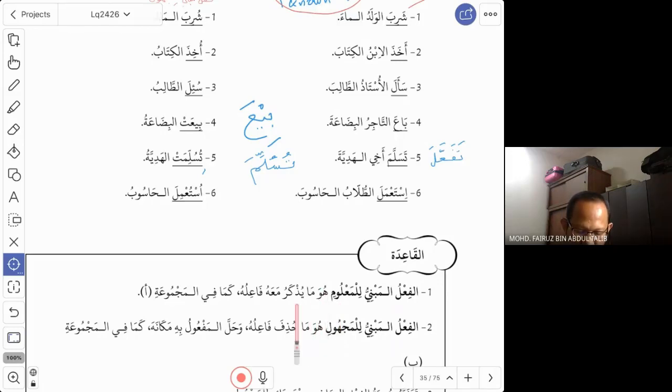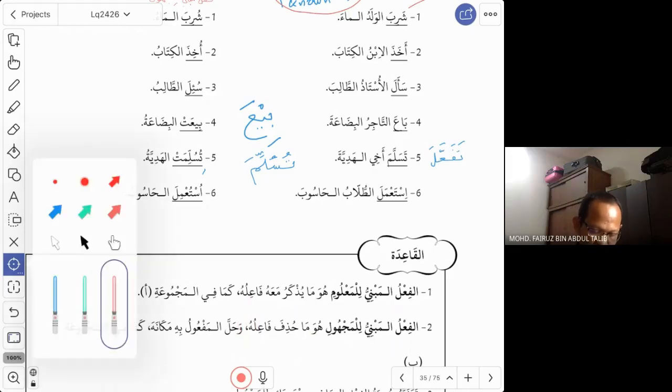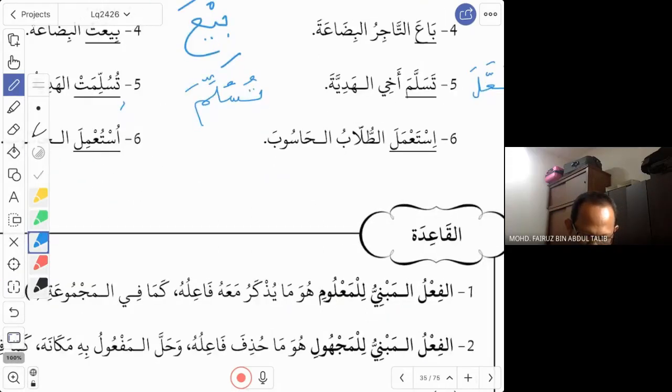Huwa ma yuzkaru ma'ahu fa'iluhu, what is mentioned together with it, its fa'il. Ma here is referring to al-fi'l or fi'lun. You can replace the word ma here with the word fi'lun.